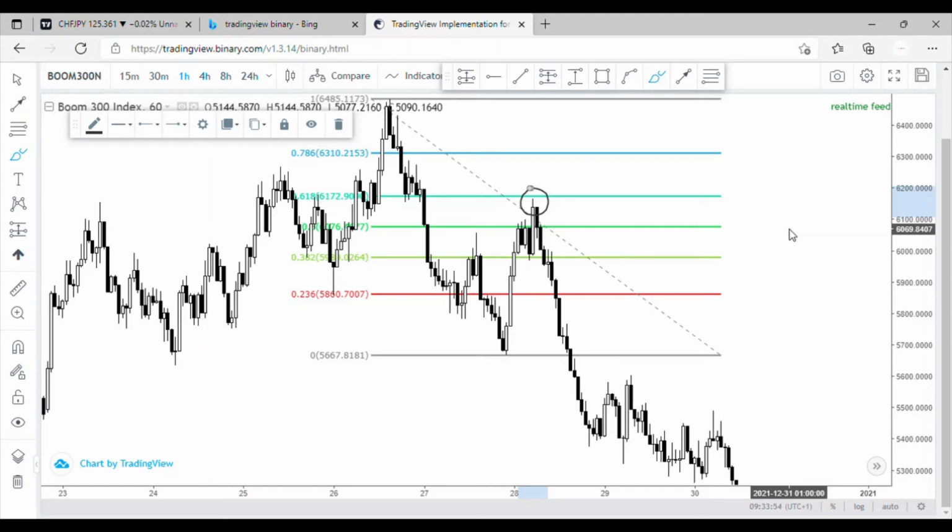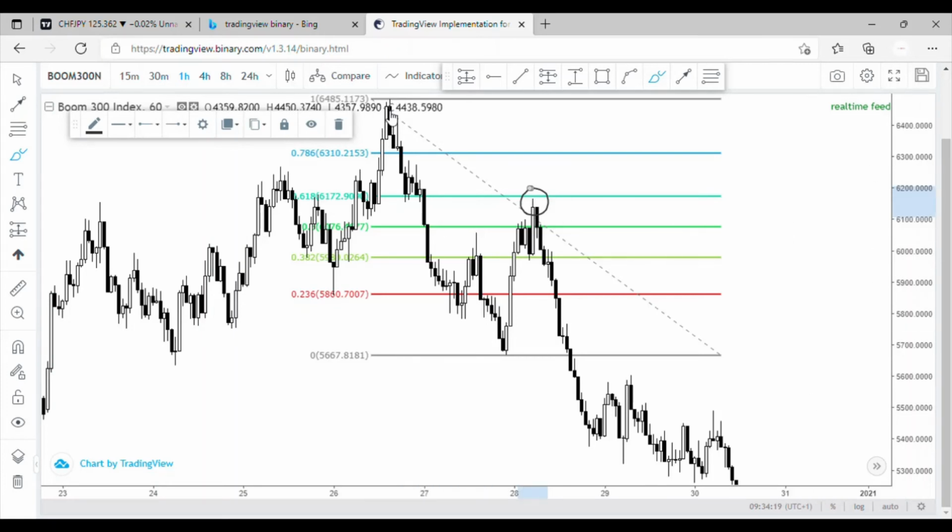When you are drawing a Fibonacci, you should always look for an order block. A bearish order block is the last bullish candle before the bearish movement. Then a bullish order block is the last bearish candle before the bullish movement.